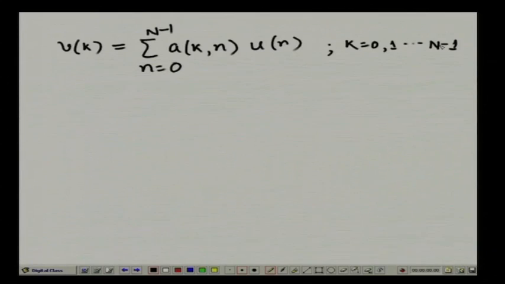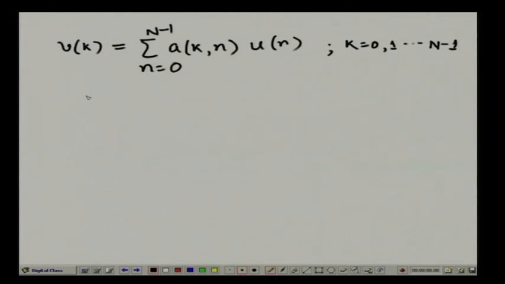Now, if A is a unitary matrix, then from vector V I can also get back our original vector u. For doing that, we pre-multiply V by A inverse.